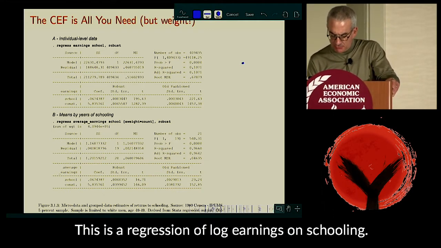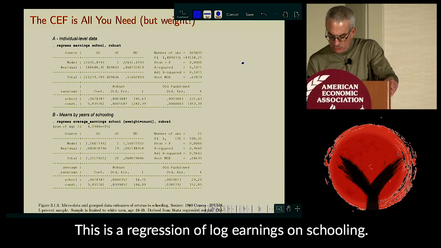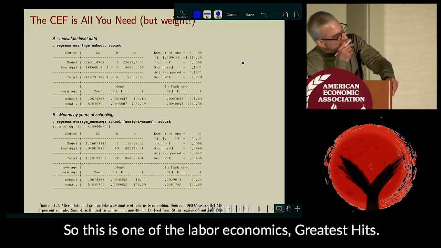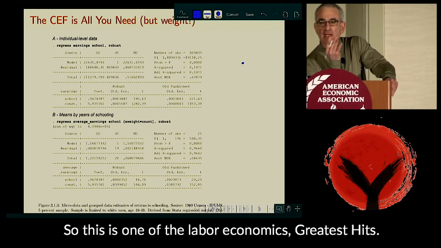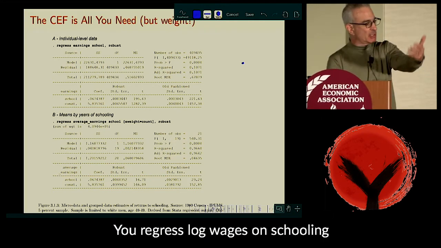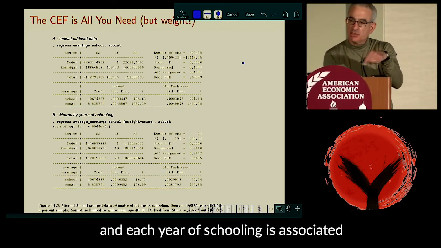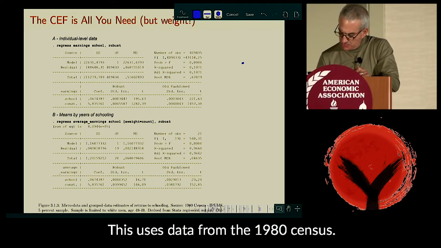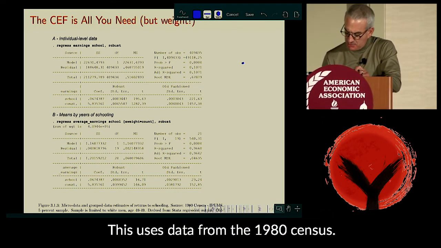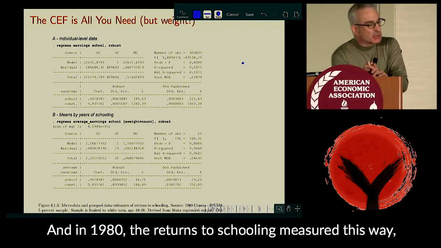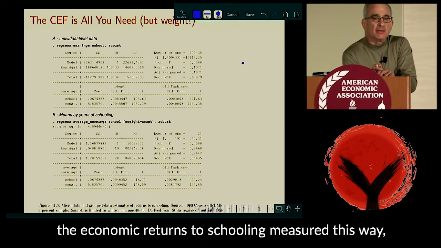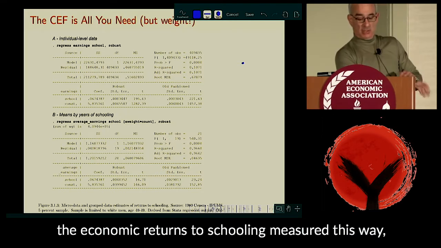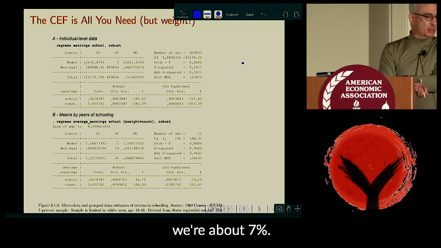This is a regression of log earnings on schooling. This is one of the labor economics greatest hits. You regress log wages on schooling, and each year of schooling is associated with higher earnings. This uses data from the 1980 census. In 1980, the economic returns to schooling measured this way were about 7%.